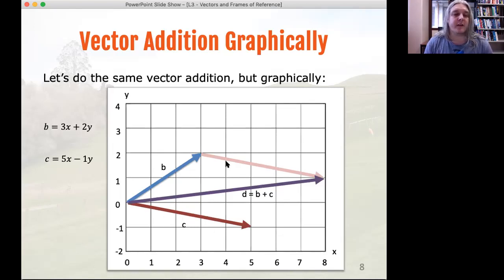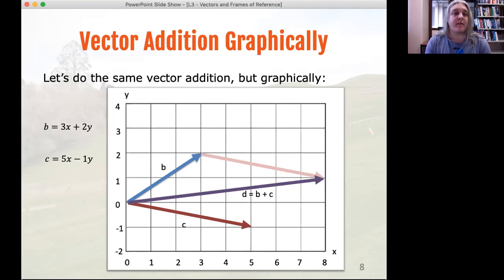So I've moved the c vector, so it's still 5 across and 1 down, but it's now starting from the end of that blue vector b, and goes down to here, and you can see that the end point is at 8 across and 1 up. The resultant vector then starts at the origin and goes directly to that end point of the second vector. So that's all you have to do to add vectors graphically. Again, a good skill to have, a necessary skill to have, I should say. Do practice both mathematical and graphical addition.